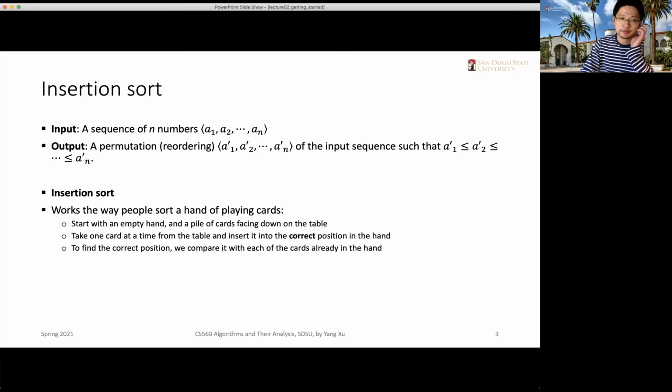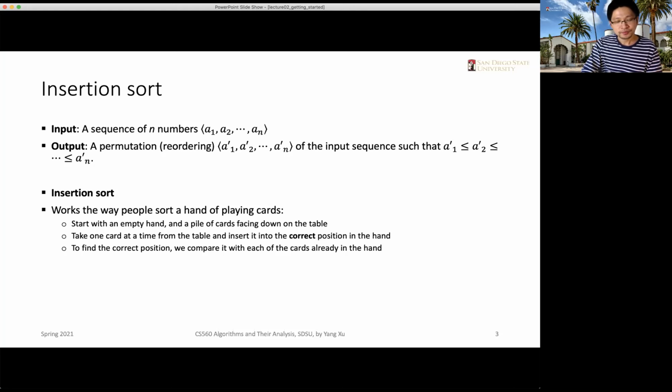Eventually we will get a handful of cards in sorted order. And each insertion, we need to find the right position. We basically compare the one card in our right hand with each card in our left hand, and find the correct position and insert that card into the hand full of cards.